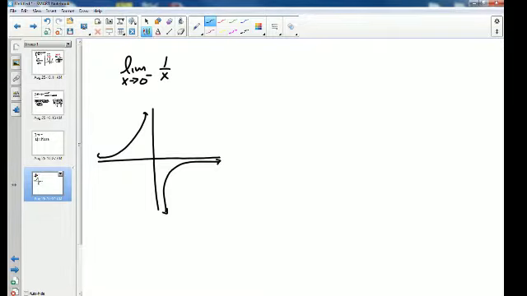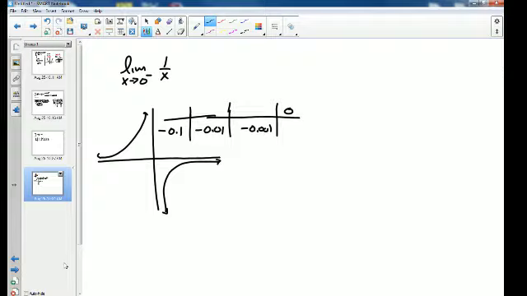If you do it numerically, all we're doing is the left side. These numbers are going to get really big really fast. Did I draw that wrong? Yeah, I did. It should be reflected.